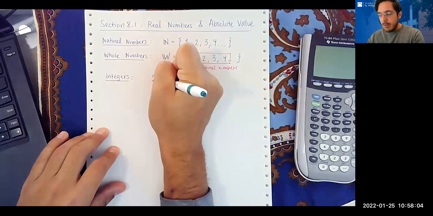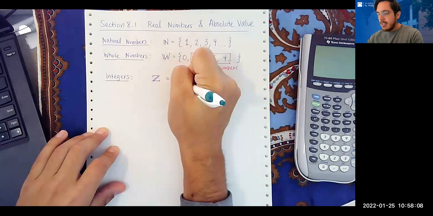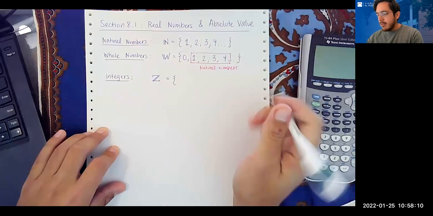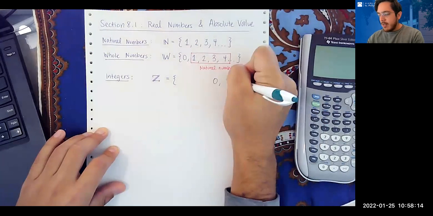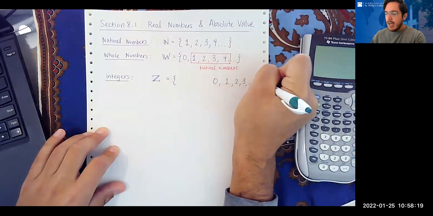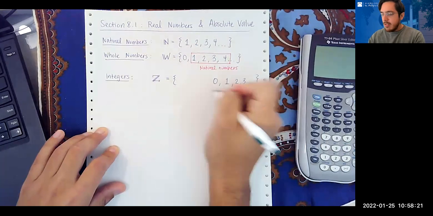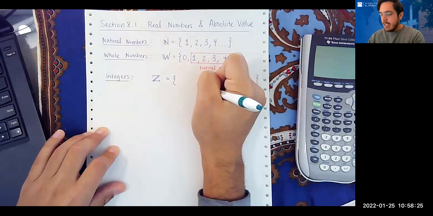So if they look like whole numbers but they're negative, we're not going to call them whole numbers. So 0, 1, 2, 3, and so on are all integers. But the integers also contain the opposite of the whole numbers: -1, -2, -3, and so on.